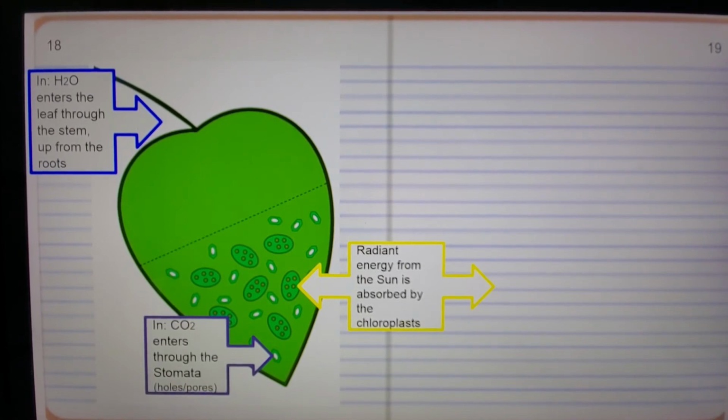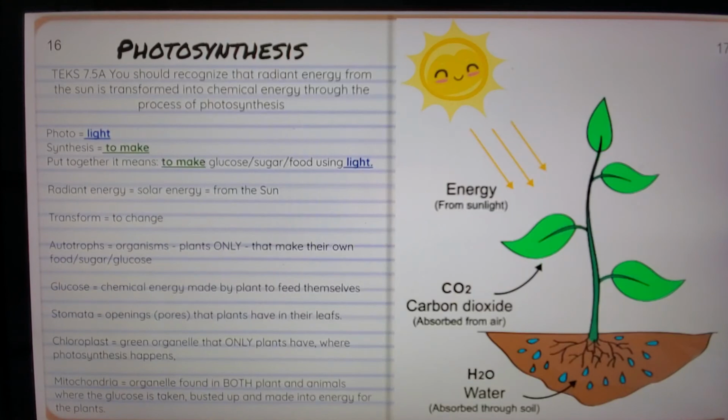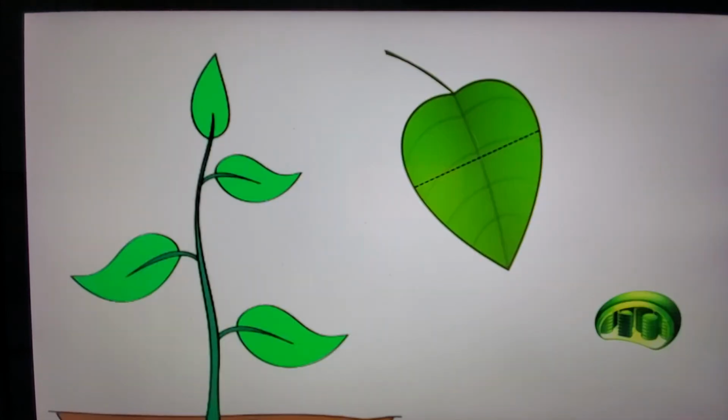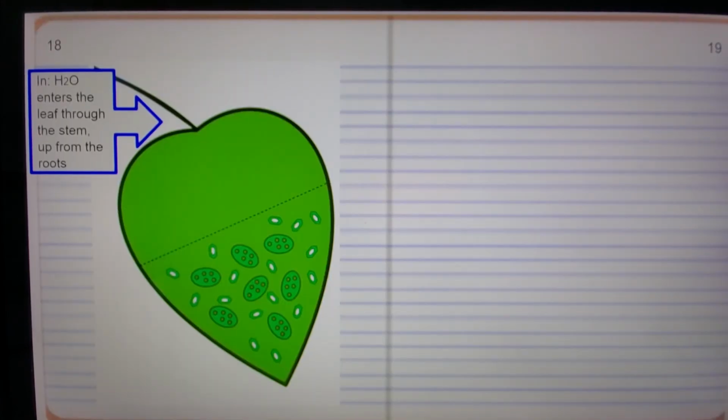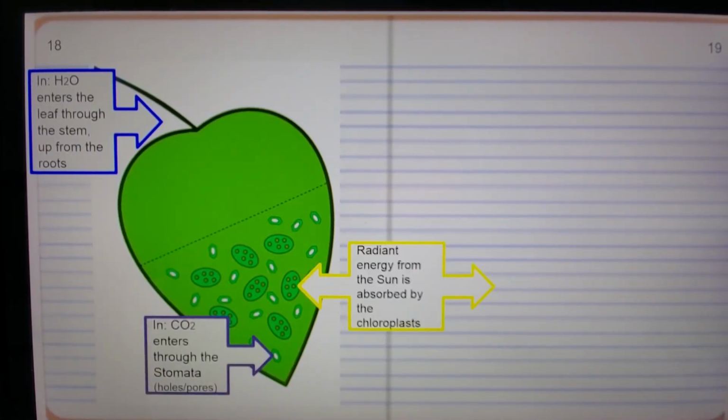So just like in the picture before, we can see the three ingredients that go into the whole plant: radiant energy from the sun, carbon dioxide, and water absorbed through the soil. And we can see here the same thing happens on the scale of the leaf as well.